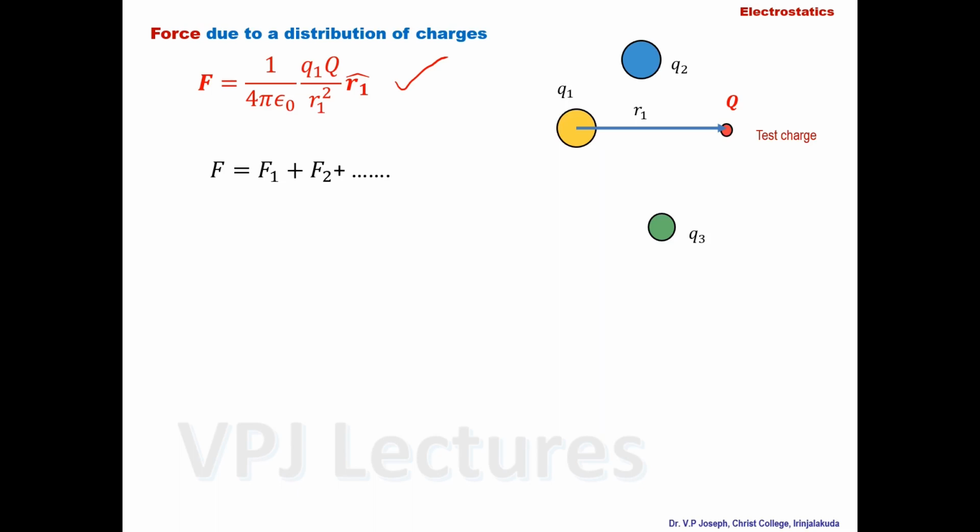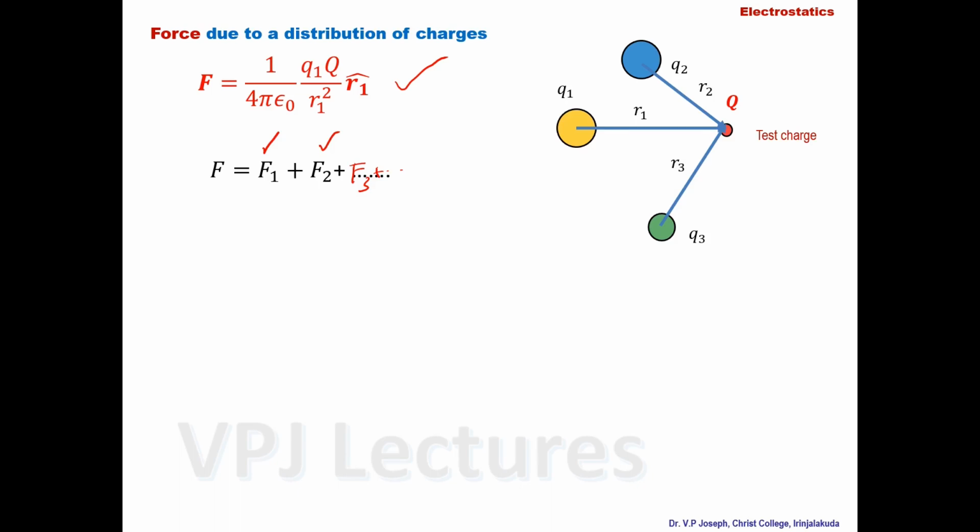So each source produces its own effect on the test charge. So the force due to the first charge is taken as F1, and that due to the second is taken as F2, and that due to the third is taken as F3, and so on. So the total force acting is equal to F1 plus F2 plus F3 plus etc. And in order to find the expression for the total force acting, we can consider the distance also.